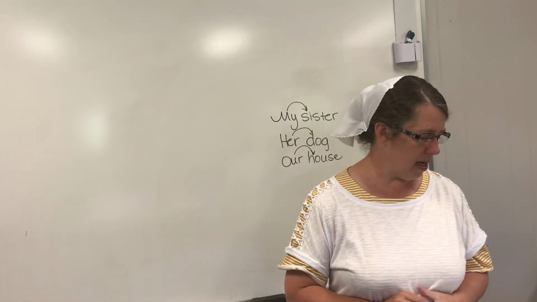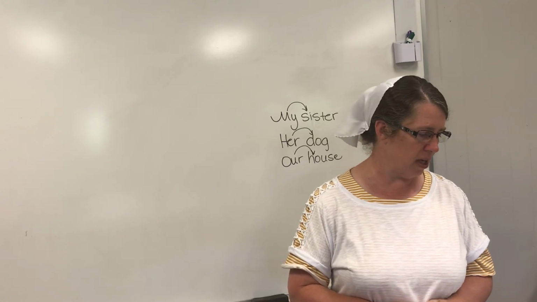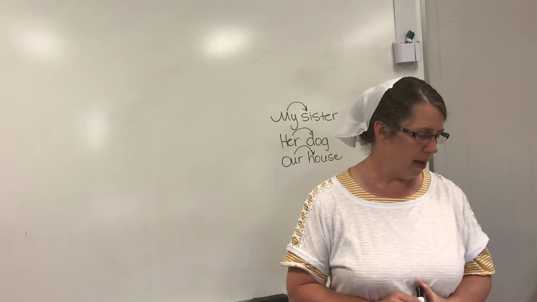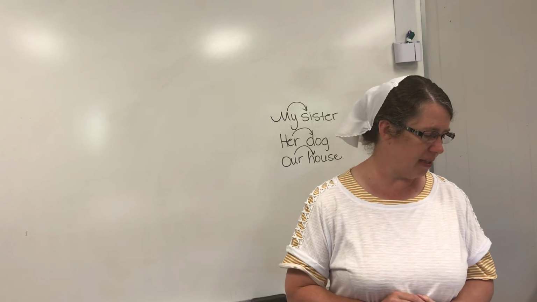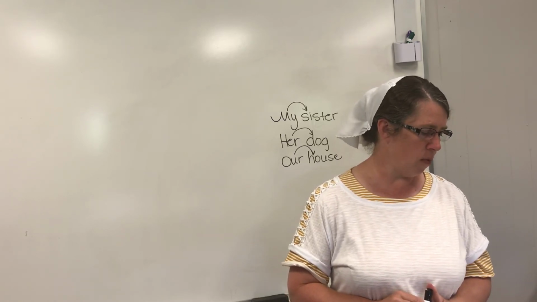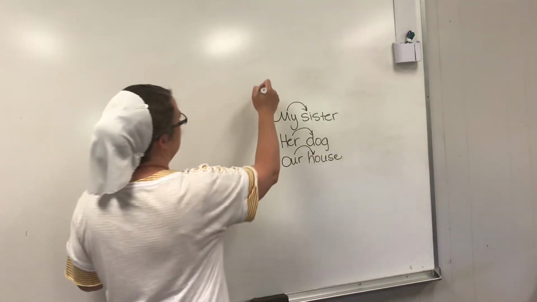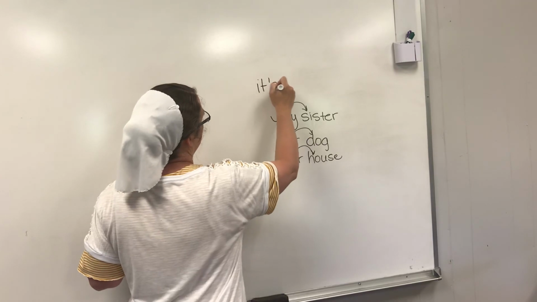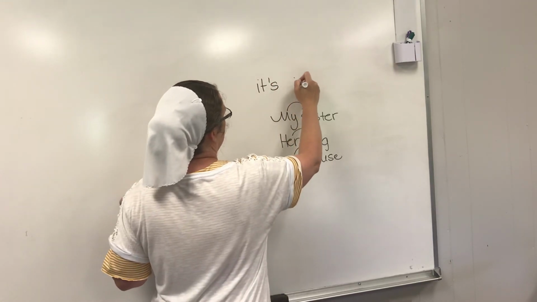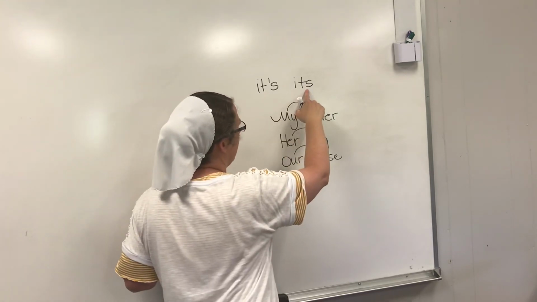All right, in numbers 1 through 6, you're supposed to underline the correct pronoun in each sentence. Because of its or it's nature, salt can be more than a seasoning. All right, what is the difference between its and it's? One has an apostrophe, one does not.